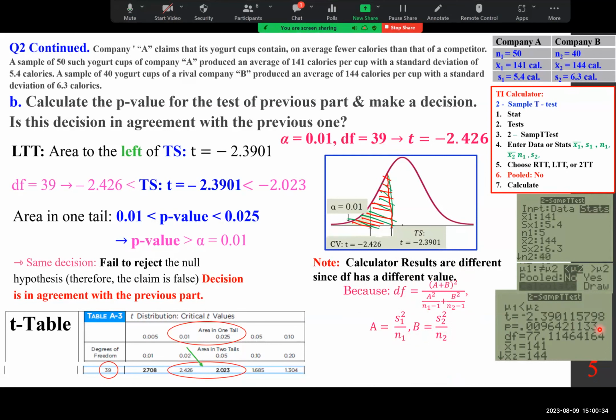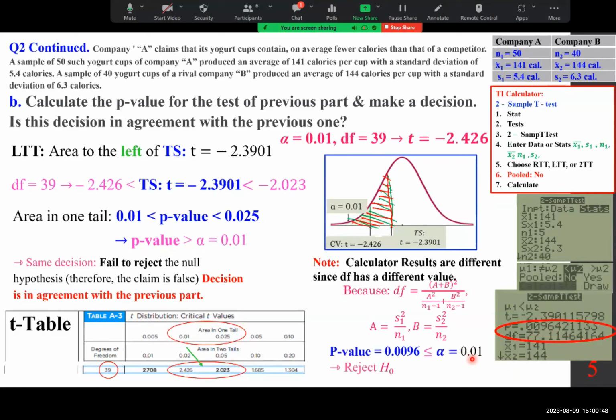And here's the p-value. The p-value is 0.0096. If we stop here, the 6 doesn't change because next to it is 4. Now you compare it to alpha, this is less than alpha of 0.01, and you reject H0. It has a different result because the degrees of freedom is different.